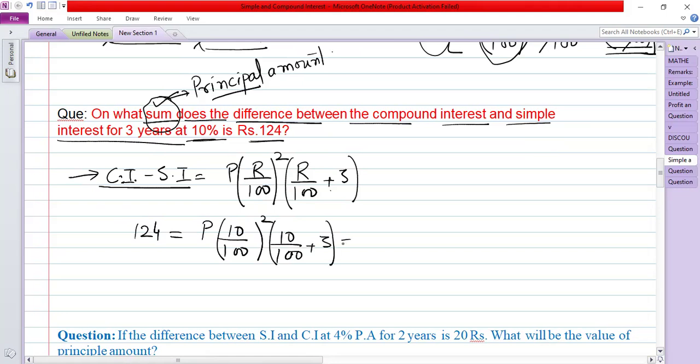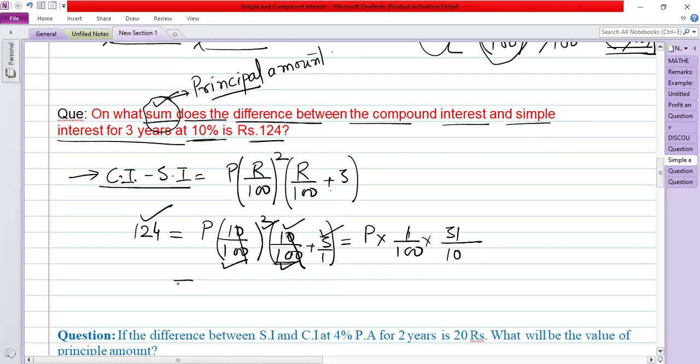Now this is P, and one can see it will cancel out. Here it will be 1 by 100 because it is 10 square, and that will cancel out as well. So now one can do these calculations: 10 into 3 is 30, plus 1 is 31, divided by 10 here. And so this is equal to 124.